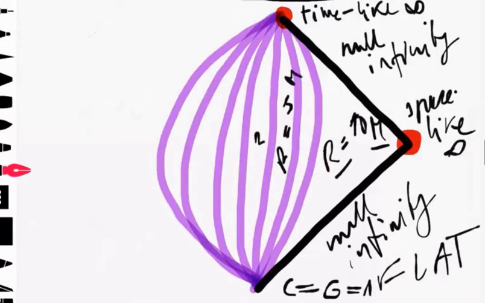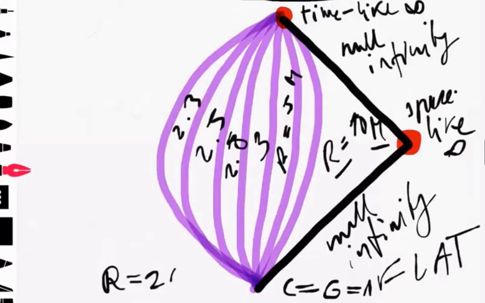So this is 3, this is 2.8, this is 2.5, 2.3, and something very interesting happens when we reach the value of exactly r equals 2m. Okay? What happens? We have a null surface, which is this one.